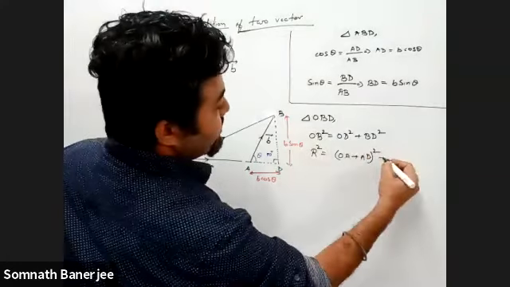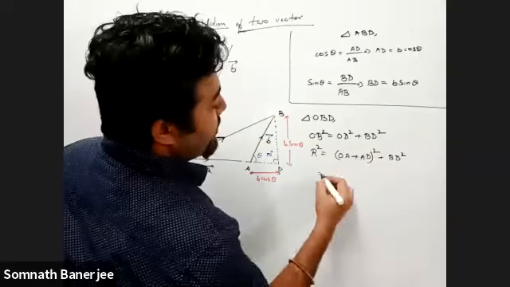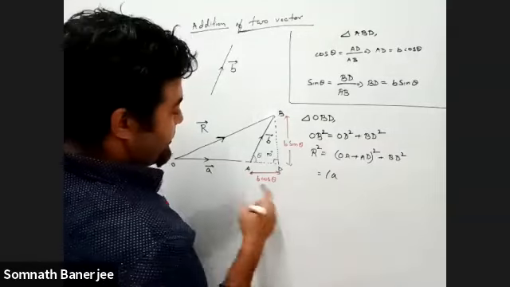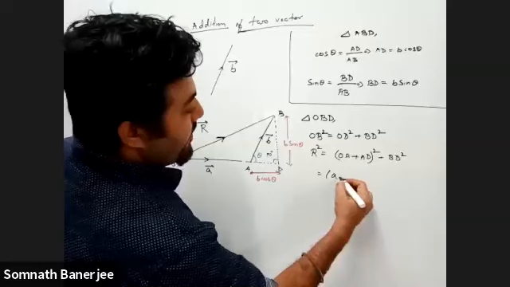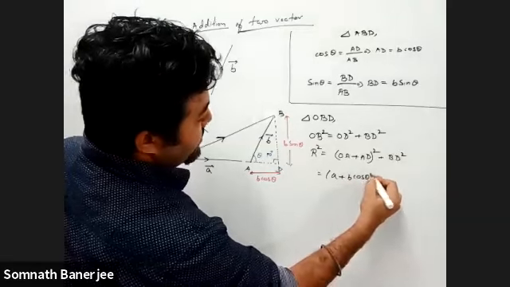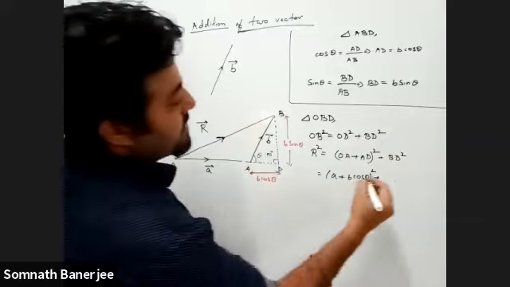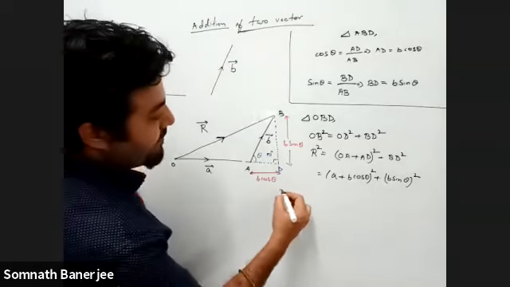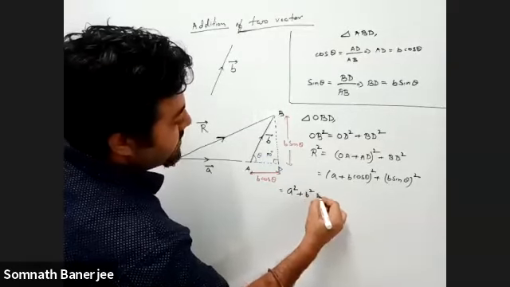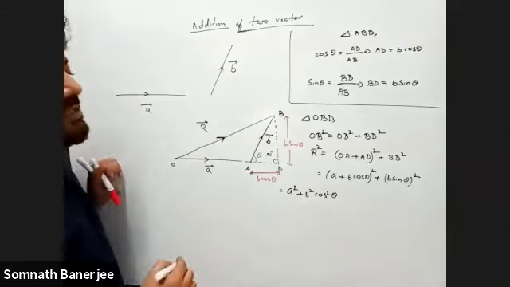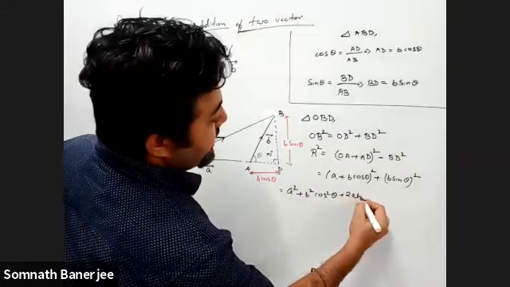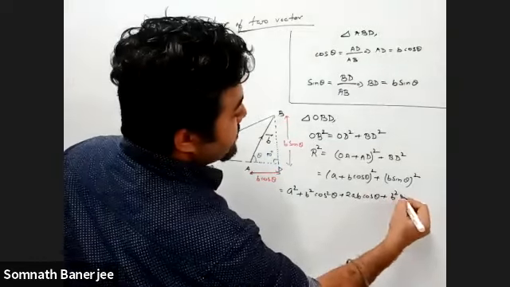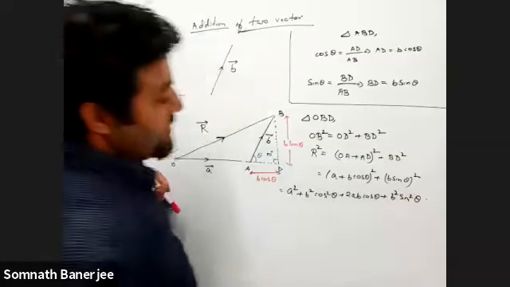Now we can write BD. OA is what? OA is A and AD is B cos theta, whole square, plus BD is B sin theta, whole square. So what you have? A square plus B square cos square theta plus 2AB cos theta plus B square sin square theta.